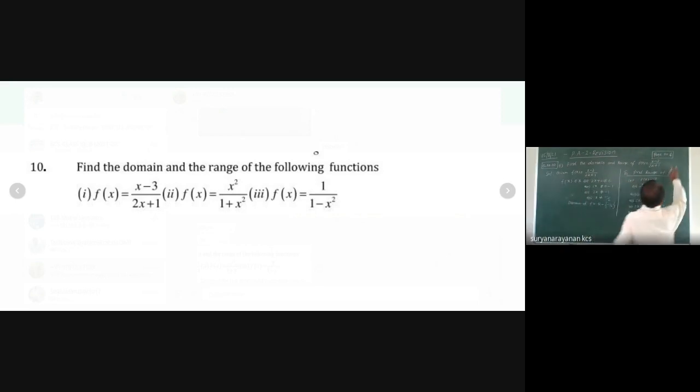Okay, what's done? Now take the screenshot of page number 5. Take the screenshot of page number 5. Fast. I've taken the screenshot of this page number 5.